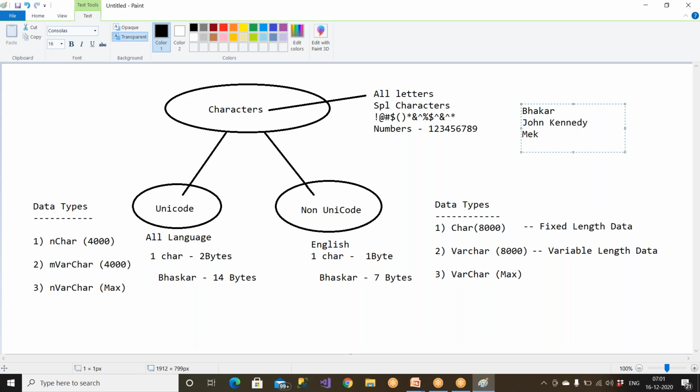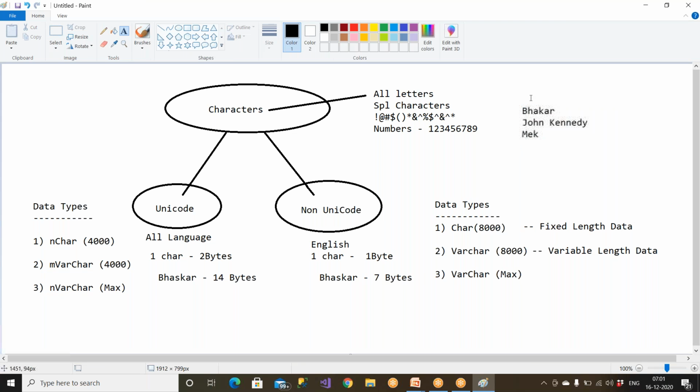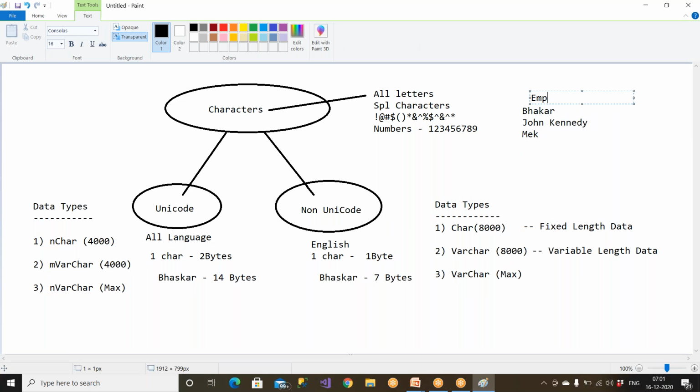Like that, you may have 3 characters, you may have more, you may have less. Different people have different names. If the length of the data is not similar, like employee name or customer name, that is called varchar data.